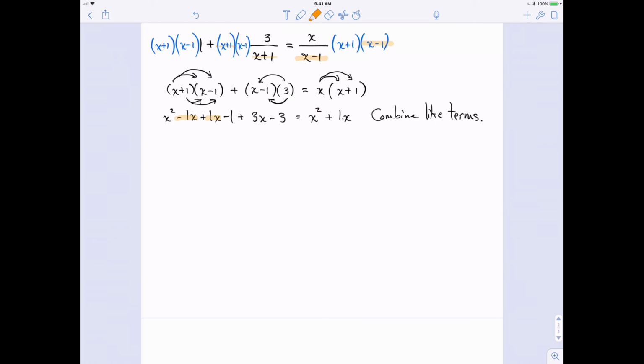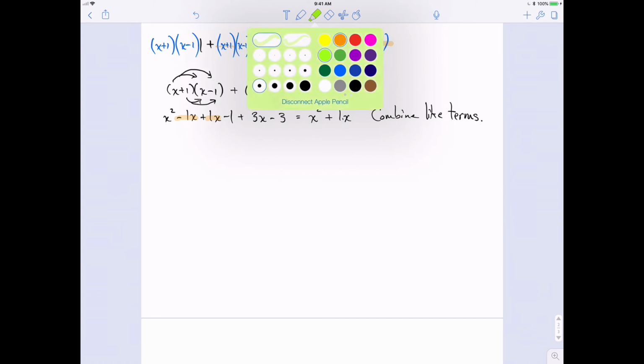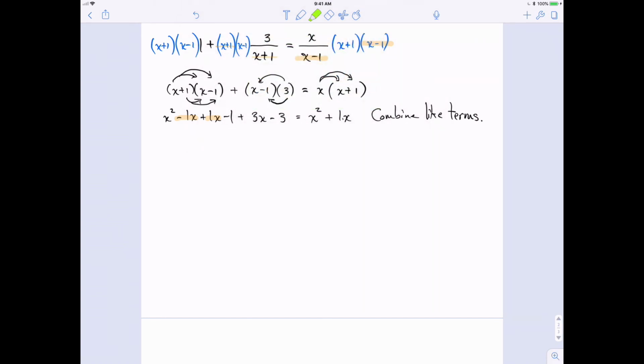And the other set of terms I have here are a negative 1 and a negative 3. All right, so if I combine everything on the left, I have x squared plus 3x minus 4. And on the right side, there's no like terms.